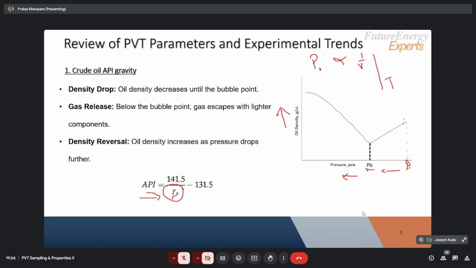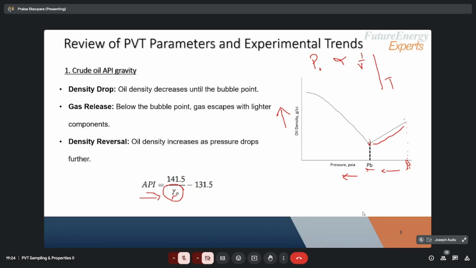And when there is an expansion of gas within the oil, that gas has a way of lightening up the oil system. That's why as pressure drops, you notice that the density will be dropping down to this bubble point area.